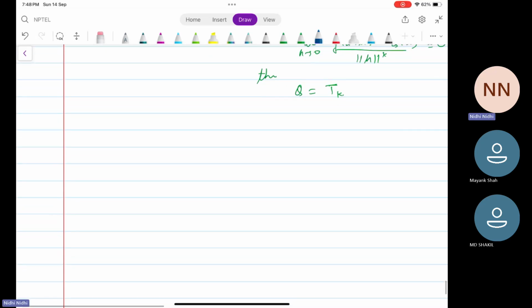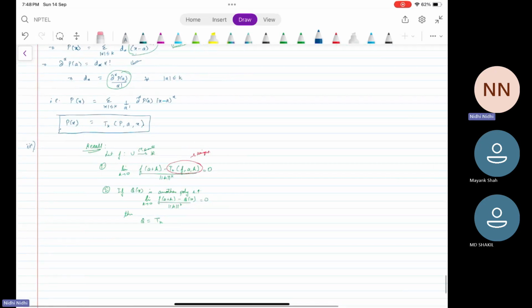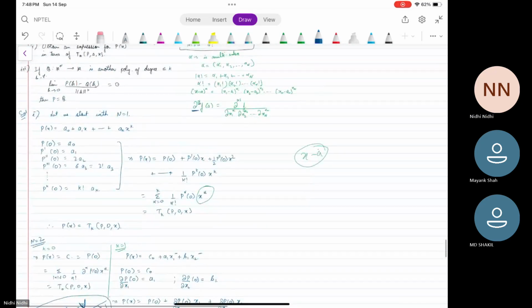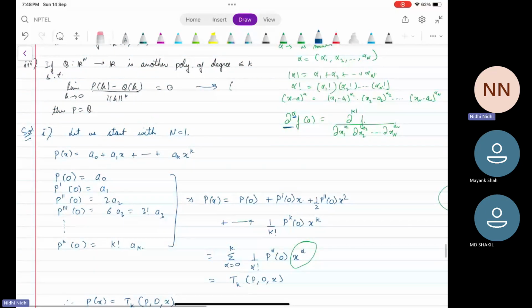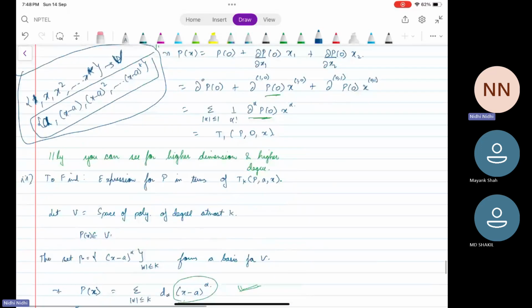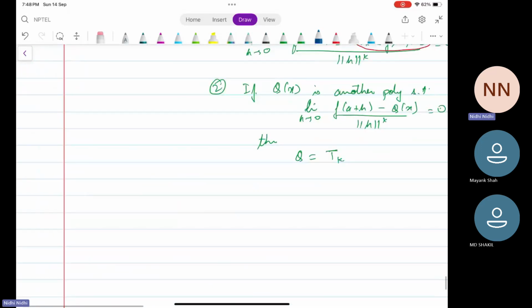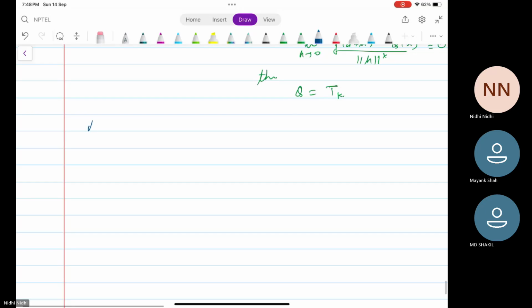Now let's see the problem again. We are given some q that satisfies, let's suppose this is star, the equation star. Now define a new function r(x) to be p(x) minus q(x).